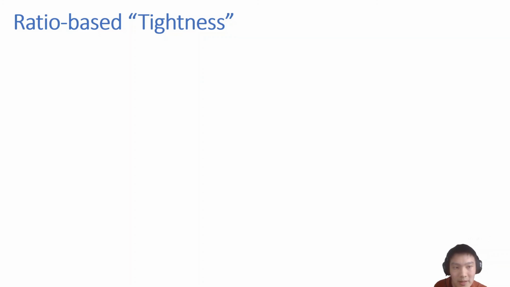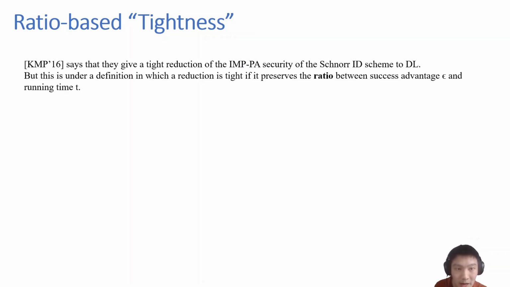One thing to note is that KMP has previously claimed a tight reduction of Schnorr identification from discrete log. Their notion of tightness is ratio based. In particular, they define a reduction to be tight if it preserves the ratio between the running time and success advantage.